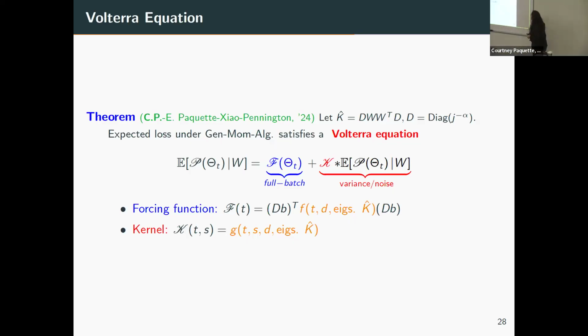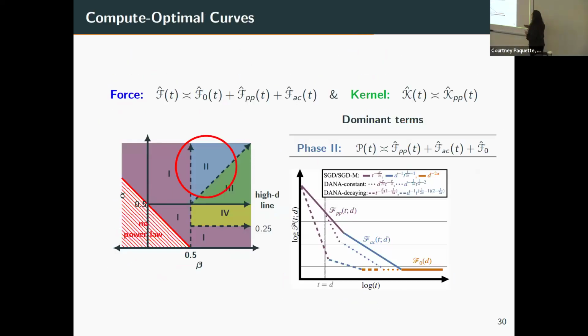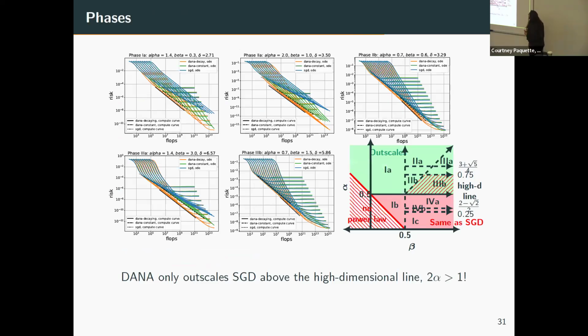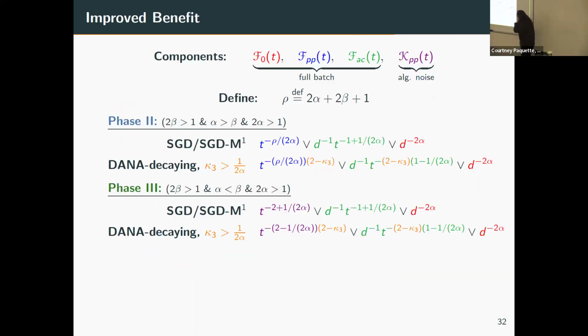I'm going to skip all this. You can do the full analysis of all of this. You see acceleration, which means you actually see outscaling, so you can get better exponents on your compute optimal curve by doing this, by exploiting power law. I'm really exploiting power law distributions here. But it's pretty cool that you can do this.